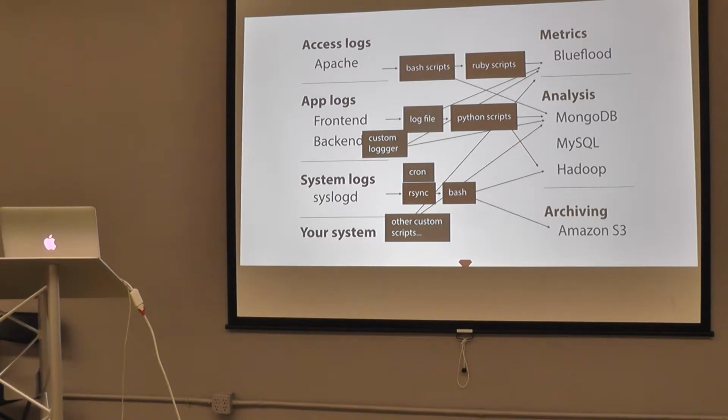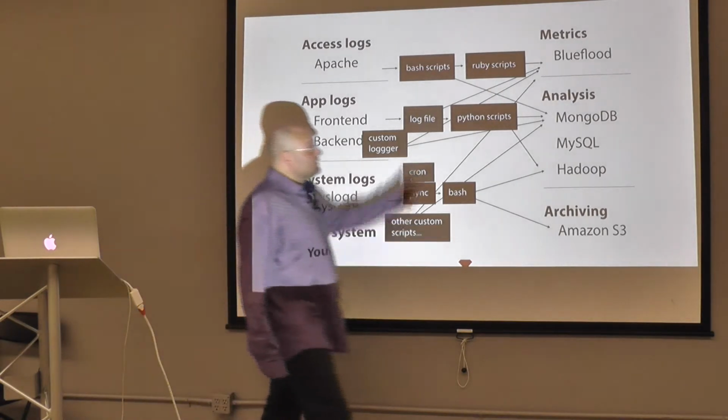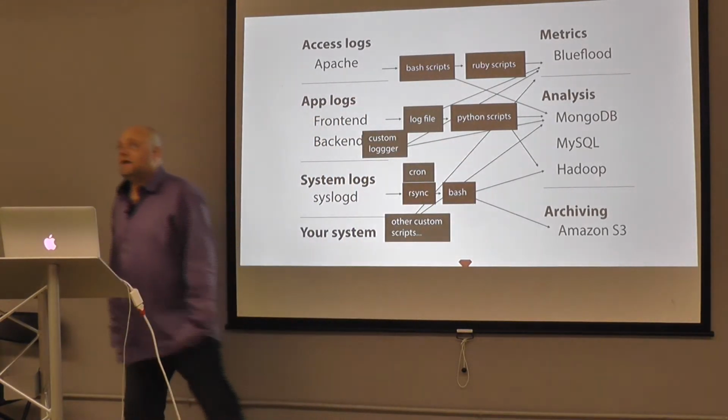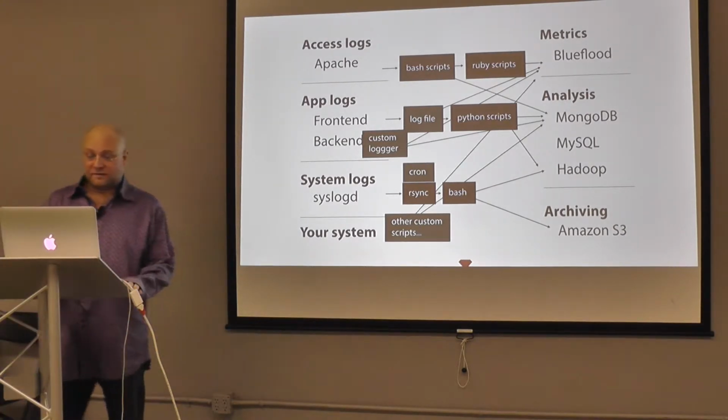We might get app logs and load those into a log file, and we munch together some Python script to send it into MongoDB or maybe MySQL. Then you have system logs like rsync and bash, and you need to patch or hack something together. Maybe your destination is Amazon S3. Anyway, the one thing this system has in common is it has all kinds of inputs and all kinds of output destinations, and you pretty much need to cobble it all together to get it to work.